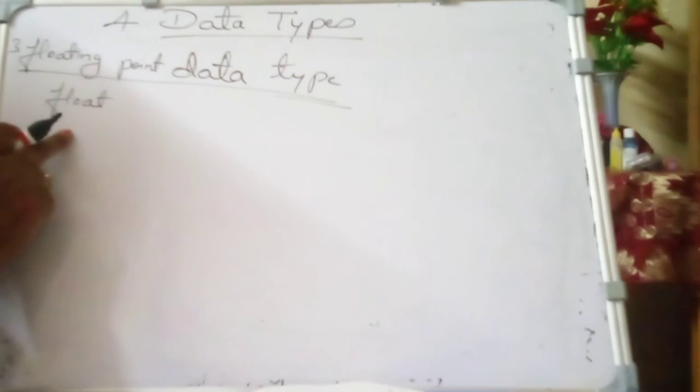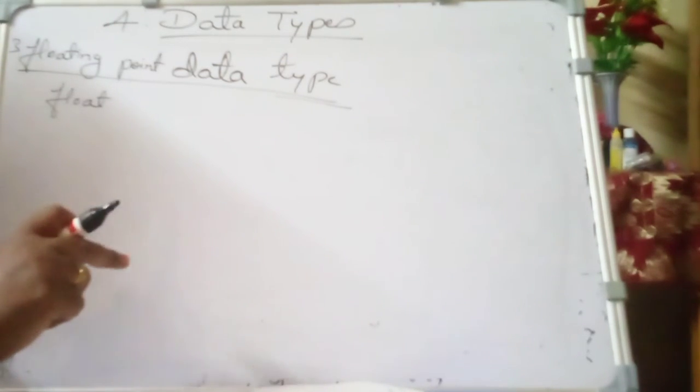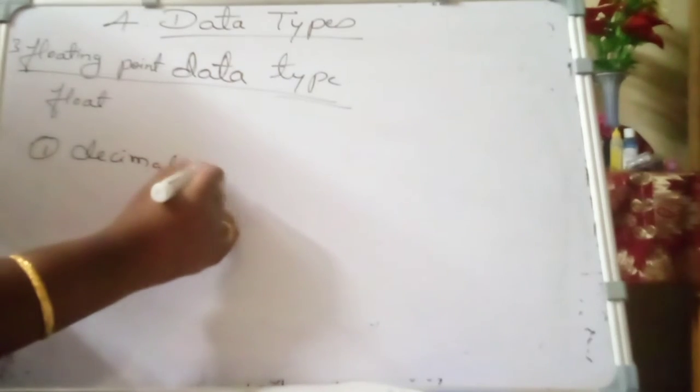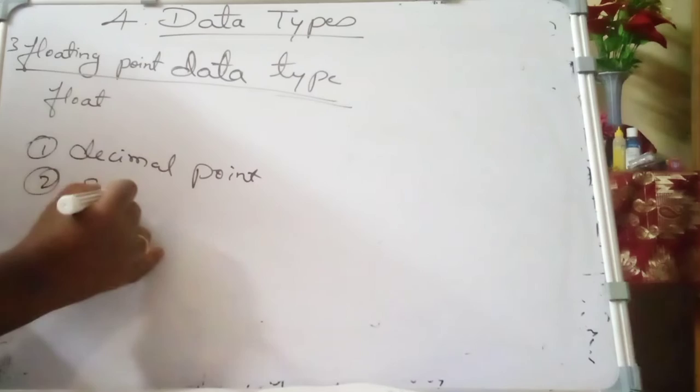We use the keyword float to represent it, and they are also called real numbers. Floating data types include both positive and negative floating point numbers which can be stored in memory. How do we represent floating numbers? They can be represented using the decimal point and by using scientific notation.